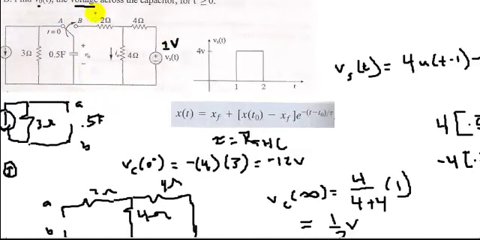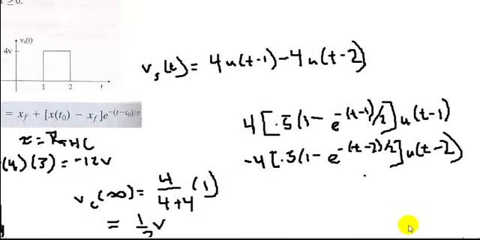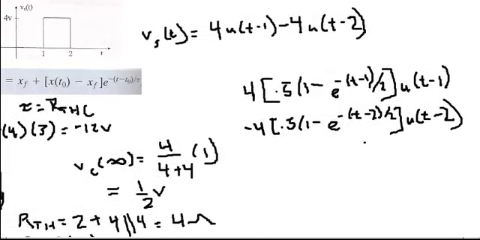Now we tack on our initial value, the one we got, negative 12 volts, and we also put it as a step function. So we tack it at the end, so it'll be minus 12 e to the minus t over 2 times u of t.